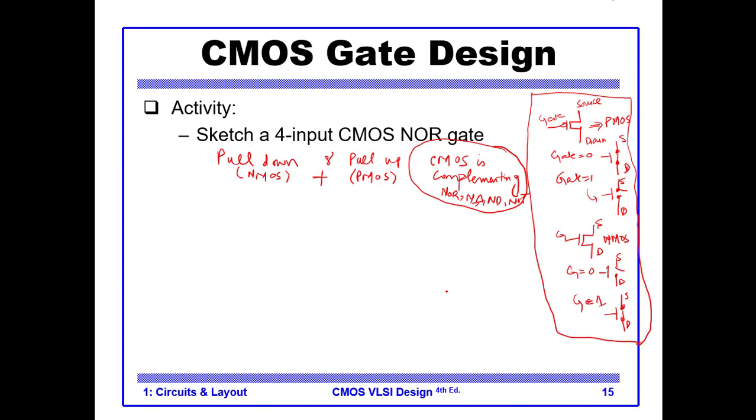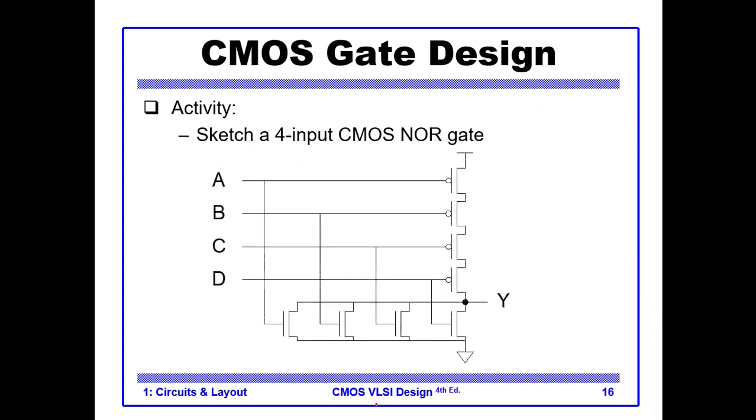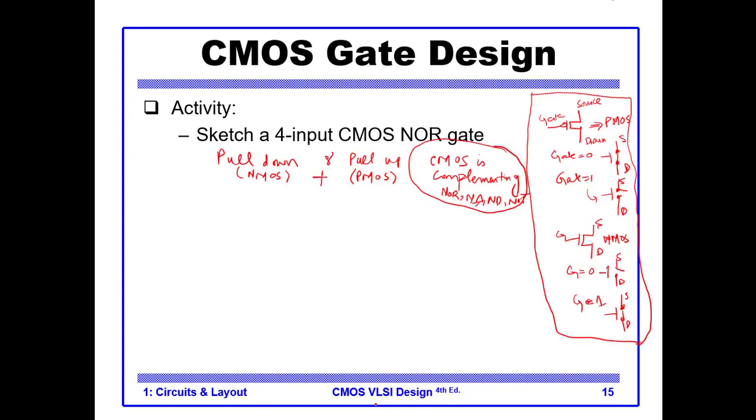So we will have a pull down network, which will consist of NMOS. So we have 4 NMOS, and all the NMOS are connected to ground.